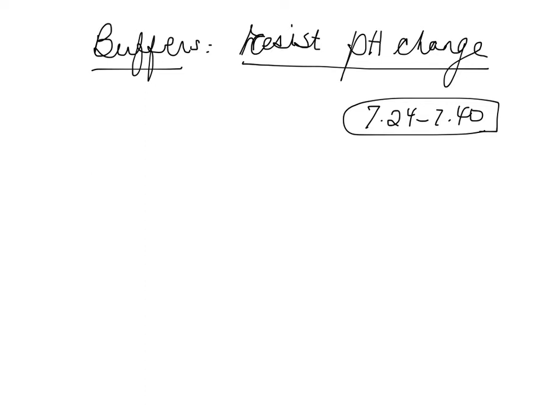Any pH lower than that or any pH higher than that can lead to a condition called acidosis or alkalinosis, which essentially refers to greater amount of hydronium ion or greater amount of hydroxide. That means the buffer, in our case, blood being the buffer, has gotten disturbed somehow.